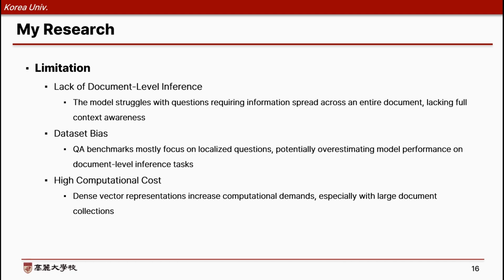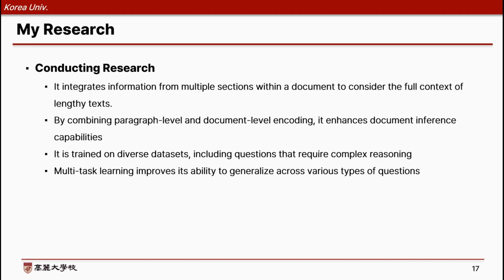Therefore, I would like to proceed with research to solve these points. I'm currently working on it, conducting research focused on four things. First, it integrates information from multiple sections within a document to consider the full context of a lengthy text.